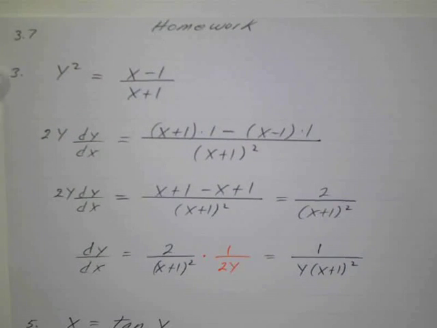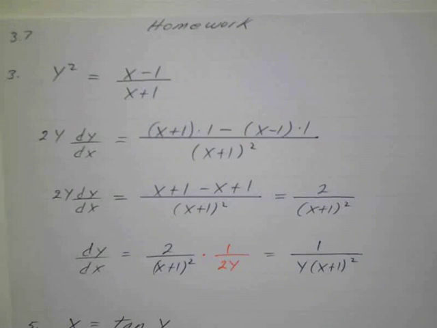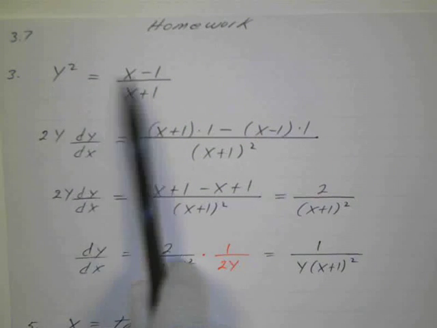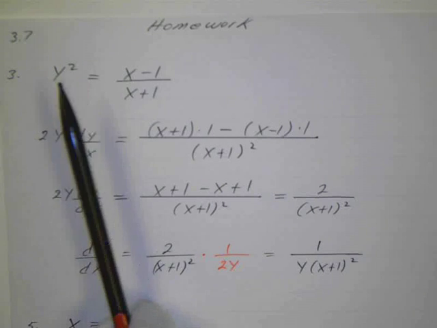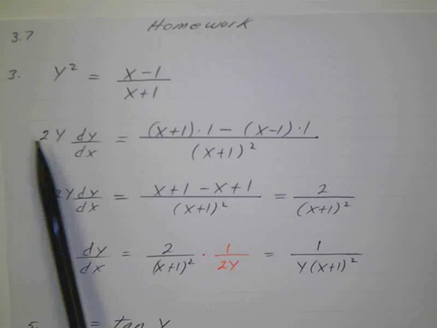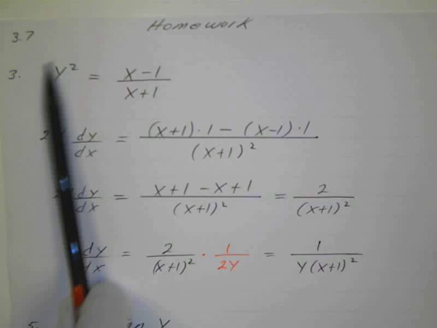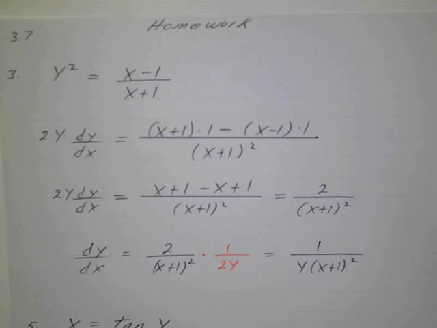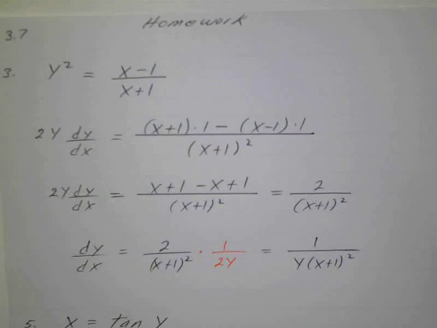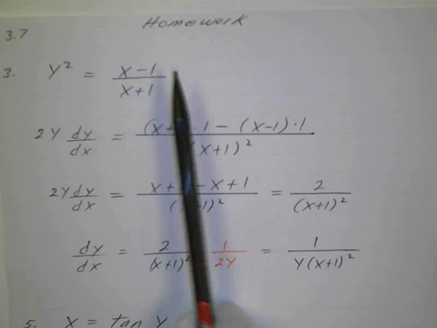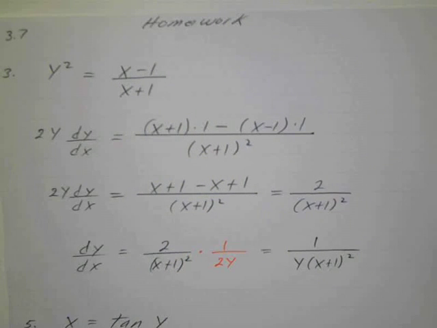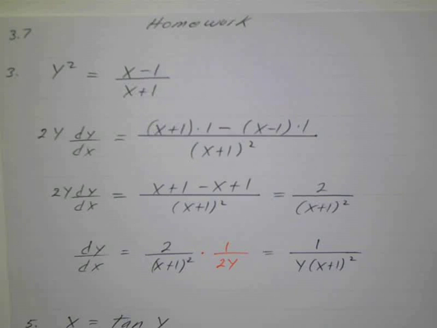And again, this is section 3.7, and again, we want to find the derivative. So we take the derivative implicitly. The derivative of the left, that's 2y times the derivative of that, which is dy/dx. I didn't write down all the dx/dx's over here, but it was the quotient rule, so I had enough to do anyway.